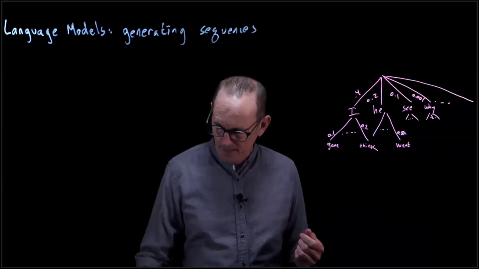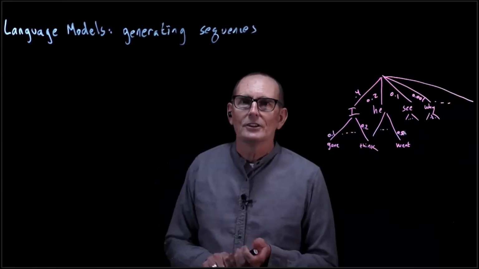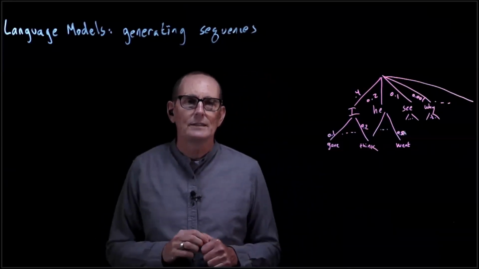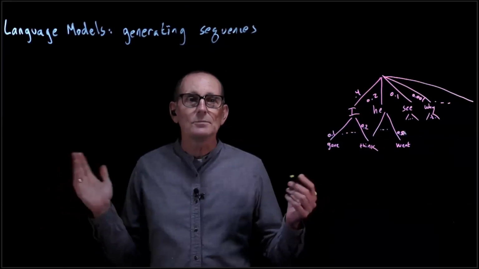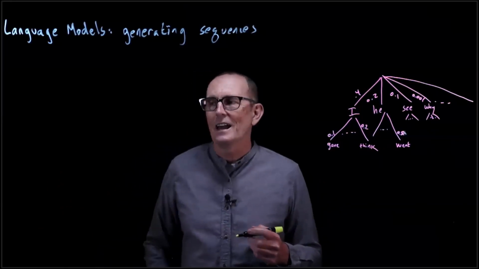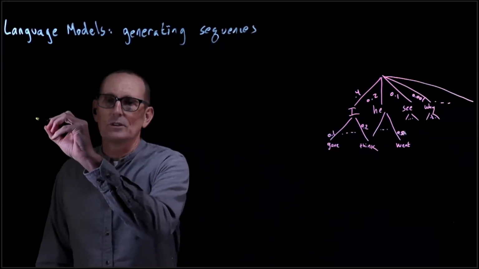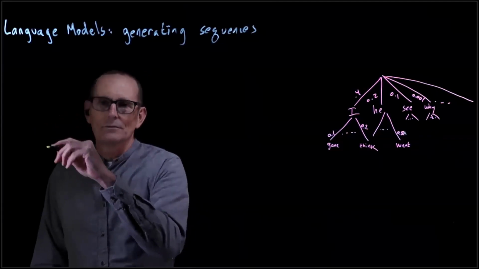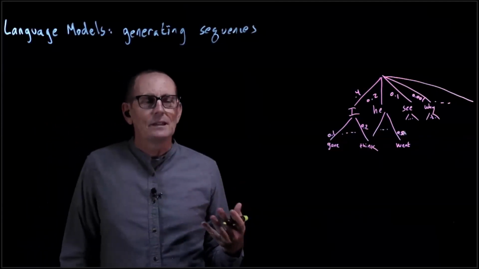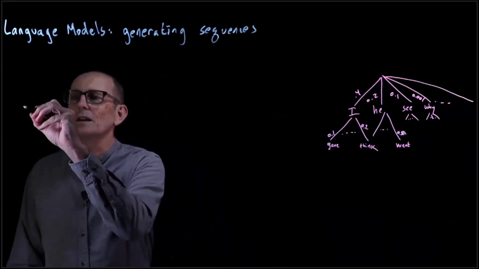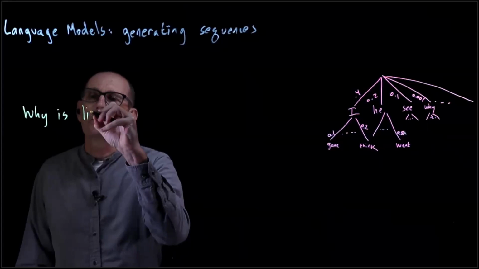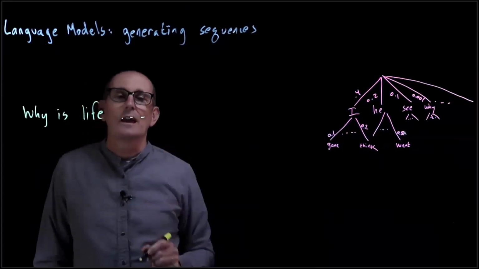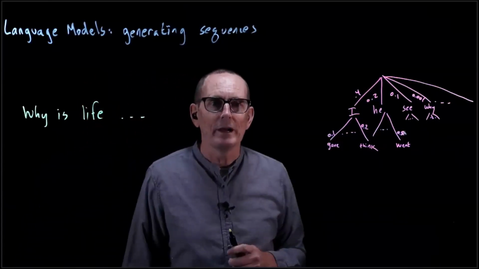Okay? So for instance, you might have a language model that has been trained on Shakespeare, and you might then provide some sort of a prompt that says, give me something that sounds like Shakespeare that starts with "why is life," and then we'll let it continue on from there.